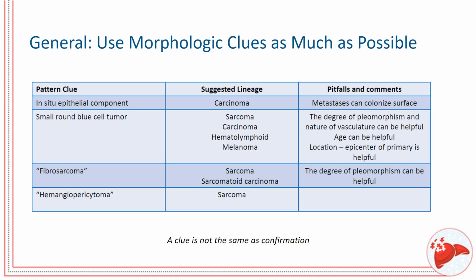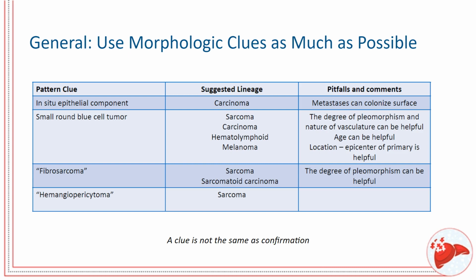An in situ component suggests a carcinoma, and it's important to be cognizant of the pitfall about metastases colonizing the surface. Small round blue cell tumors can include tumors of all types, but I think it's important to pay attention to the degree of pleomorphism. In general, carcinomas tend to be pretty pleomorphic, certainly high-grade carcinomas. Hematolymphoid neoplasms and melanomas tend not to have the same degree of pleomorphism, and that can be a helpful clue.